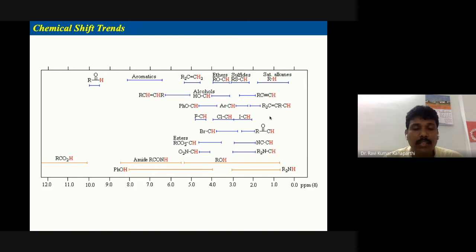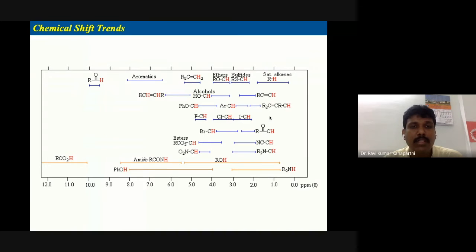Of course, your molecule has to dissolve in certain solvents, NMR solvents. As long as it dissolves, there is absolutely no problem in recording and interpreting the data. The chemical shifts of different types of protons are well studied and well documented, and very elaborate tables can be found in almost every textbook.